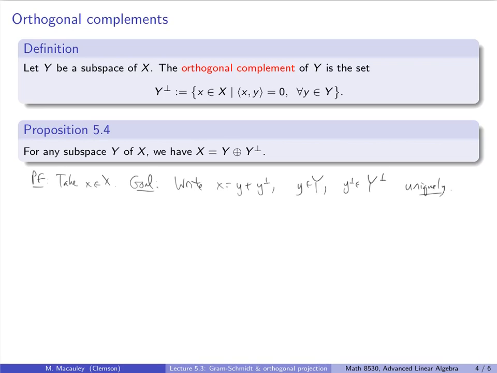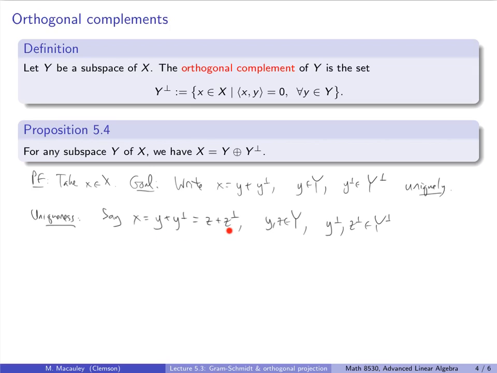So let's start with uniqueness. Let's suppose that we can write it in two different ways, then they have to be the same. So let's say that I write x as y plus y perp, but also as z plus z perp, where y and z are in Y and y perp, z perp are in the orthogonal complement.